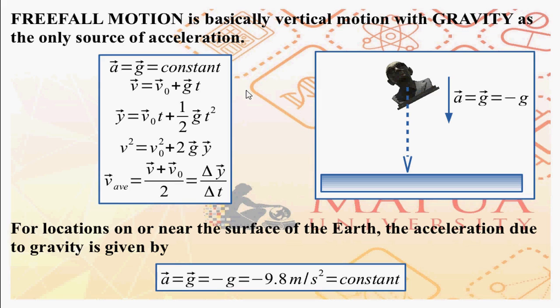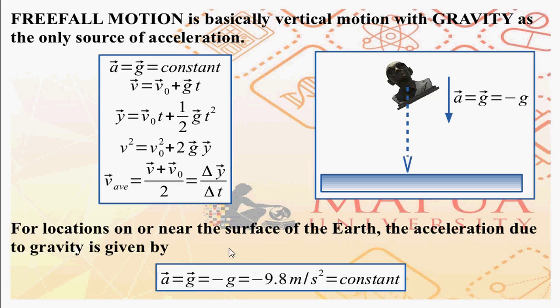As such, you have four equations that you can use to analyze the motion of the object as it undergoes freefall motion. v equals v naught plus gt. y equals v naught t plus 1/2 gt squared. v squared equals v naught squared plus 2gy. v average equals (v plus v naught) over 2, equals delta y divided by delta t.